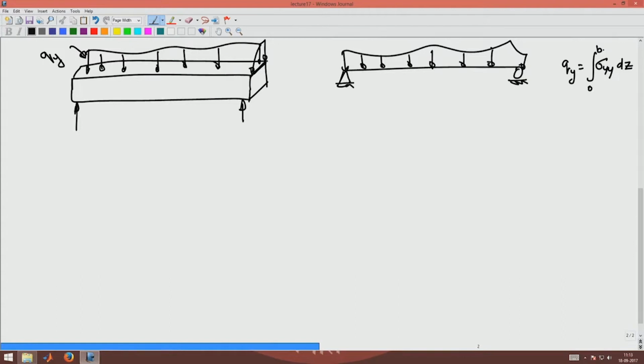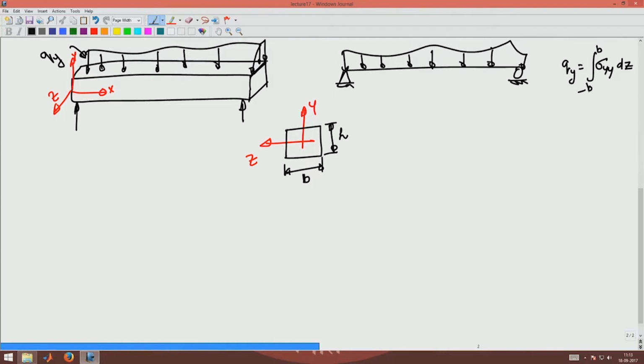If I take my coordinate system as x, y and z, and the rectangular beam cross section in the yz plane is given by b, and this is given as h.